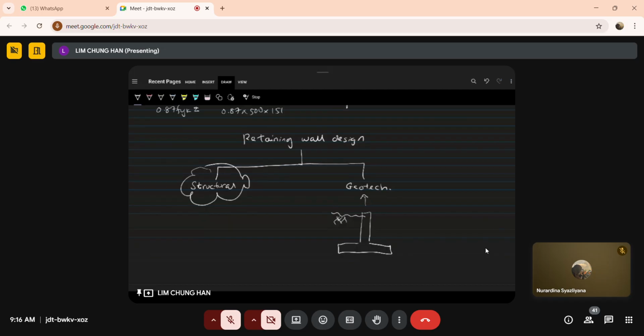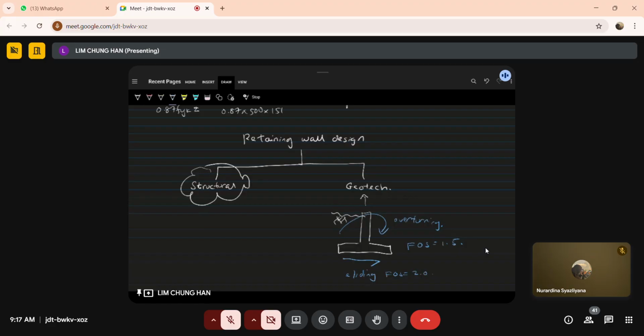Geotechnical checks. Sliding. Correct. And overturning. And then there's FOS, right? Overturning FOS is normally 1.5, I think. Sliding FOS normally 2, right? Yeah. Okay. That's one.